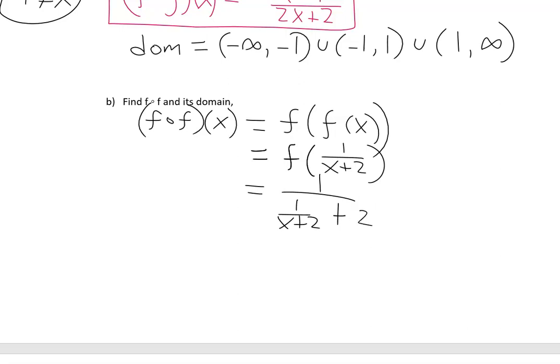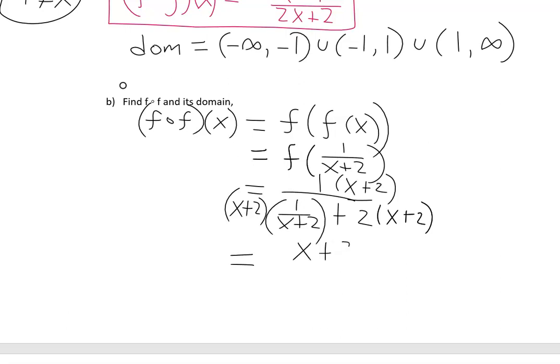Remember that we do not want to leave a fraction within a fraction, so what do we need to multiply both the top and the bottom by? We need to multiply by x plus 2. Each term on top gets multiplied by x plus 2, and each term on bottom gets multiplied by x plus 2. So we end up on top with x plus 2.